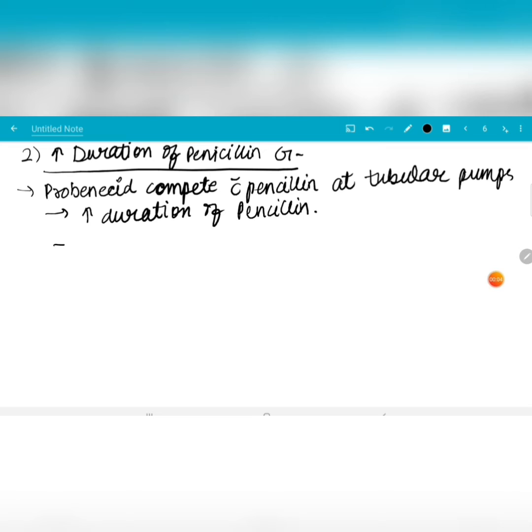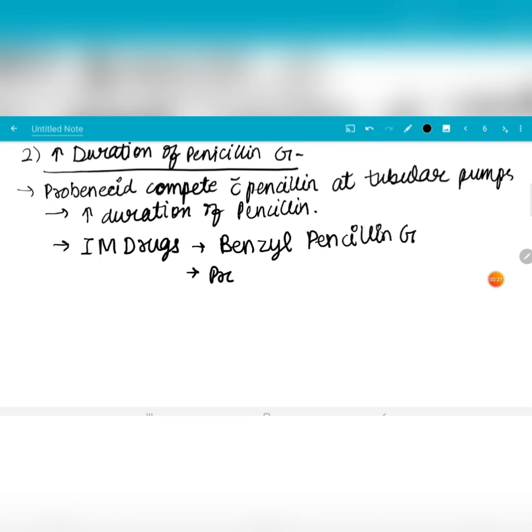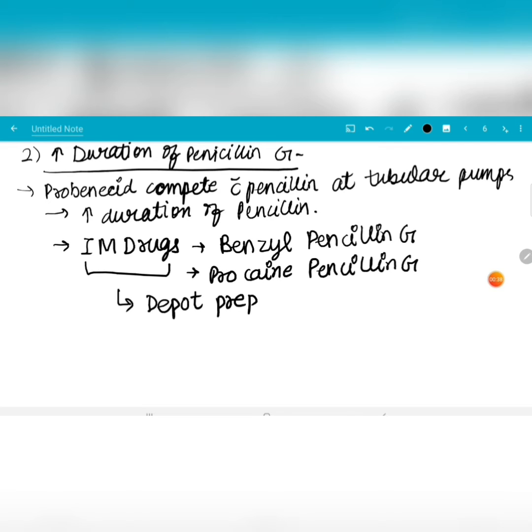And we can give IM, intramuscular drugs, benzyl penicillin G and procaine penicillin G. IM drugs are known as depot preparations, because they deposit in our muscles and act little by little, and are also excreted little by little.